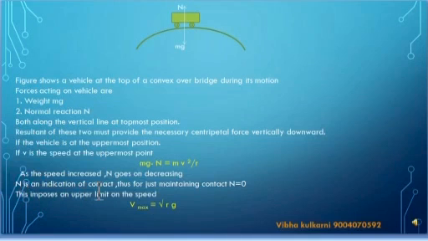So n is an indication of contact, thus for just maintaining contact, n is equal to 0. This imposes an upper limit on the speed. The v maximum is equal to square root of rg. We have also derived v maximum in the application of uniform circular motion. So here also vmax is equal to square root of rg.